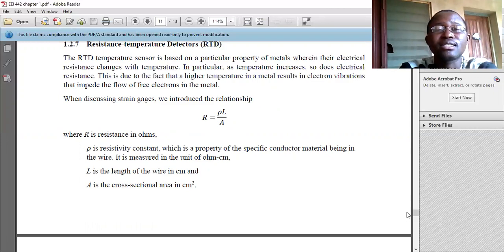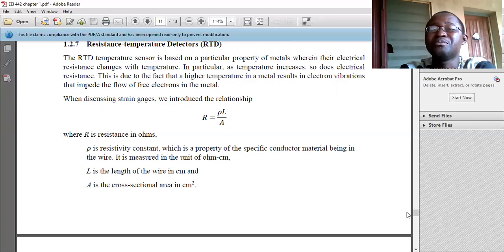The reason being that higher temperature in metal results in vibration of electrons. It's not a generation of more electrons, but vibration of electrons. And this vibration of electrons impedes the flow of free electrons in the metal. For that reason, the resistance of the metal increases.